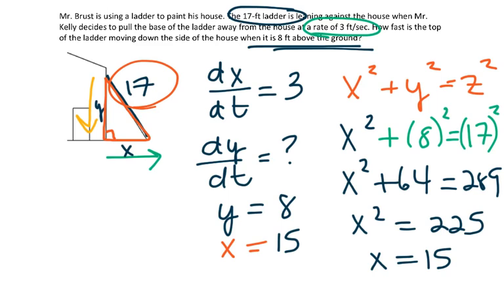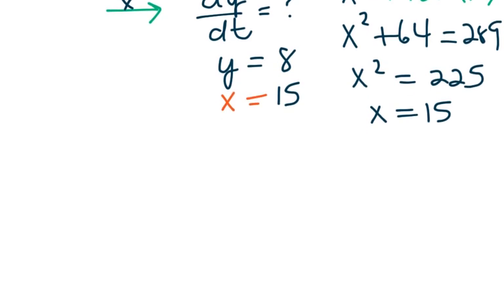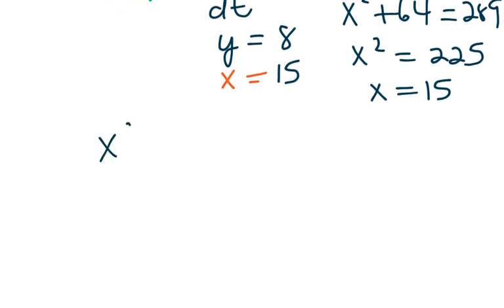Now what we want to do is find dy/dt. Like I said, we already know this relationship among the three sides, so let's continue with that. We have x squared plus y squared equals, in this case, 17 squared. We can just plug in the 17 since the length of the ladder doesn't change.